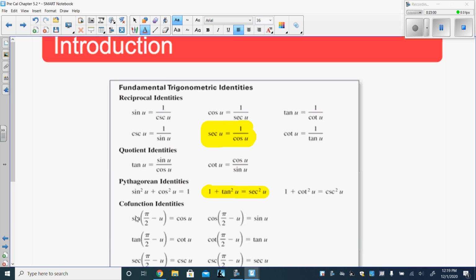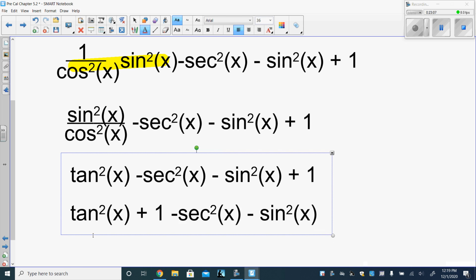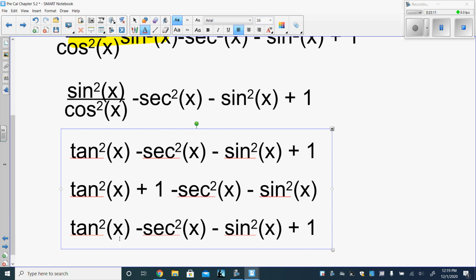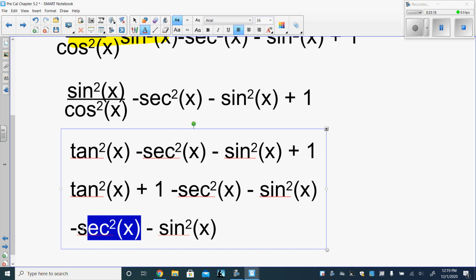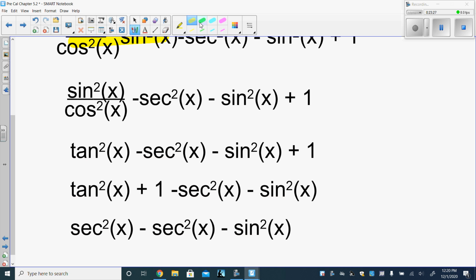Let's look back at the reference sheet. 1 plus tangent squared is equal to secant squared. So I have 1 plus tangent squared, which means I can replace it with this, because this whole thing right here is secant squared of x.